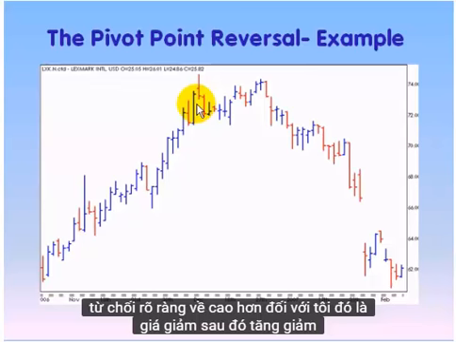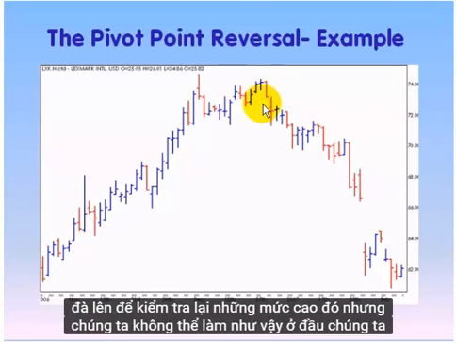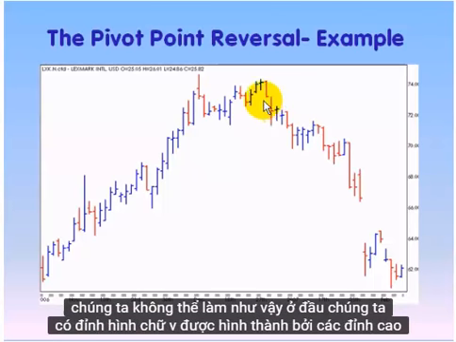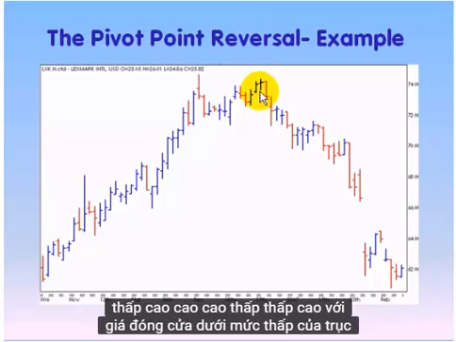Price then rallies on reduced momentum up to retest those highs, but can't quite do so. At the top here we have a V-shaped top formed by the highs. Lower high, higher high, lower high, with price closing below the low of the pivot bar.